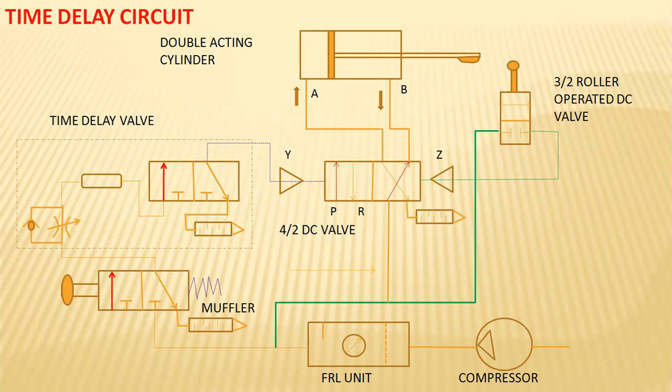So here it clearly specifies that the compressor supplies air towards the FRL unit, which flows the pneumatic air towards this first DCV, and has a common connection maintained to the second DCV and the third DCV.